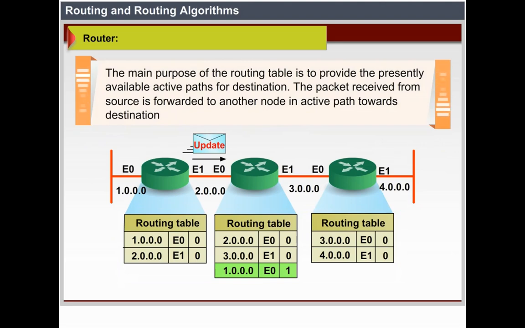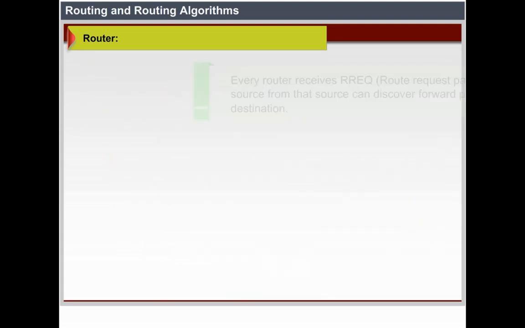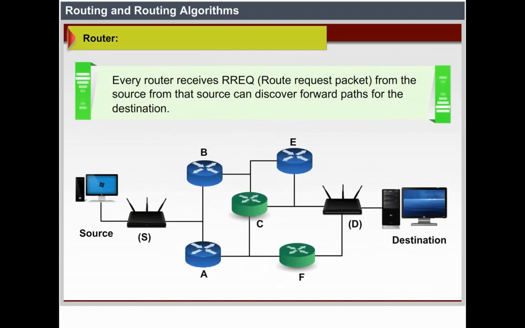The purpose of the routing table is that it provides the presently available active paths for a destination so that a packet received from a source is forwarded to another node in an active path towards the destination. Each router receives RREQ, route request packet, from a source so the source can discover forward paths for the destination.